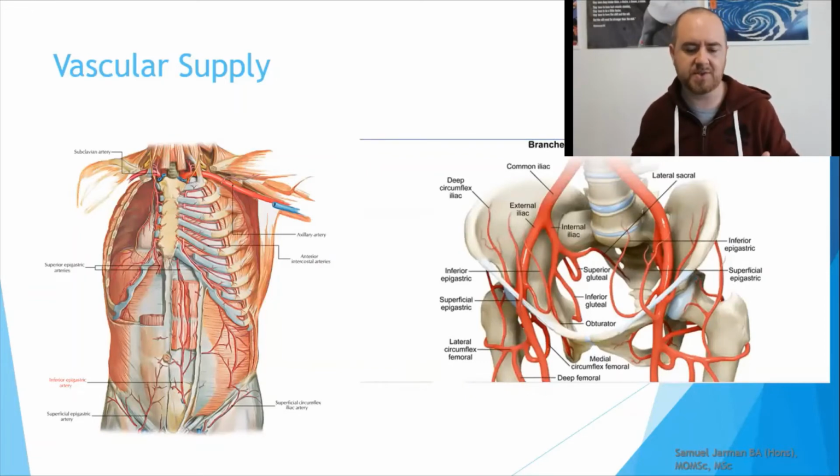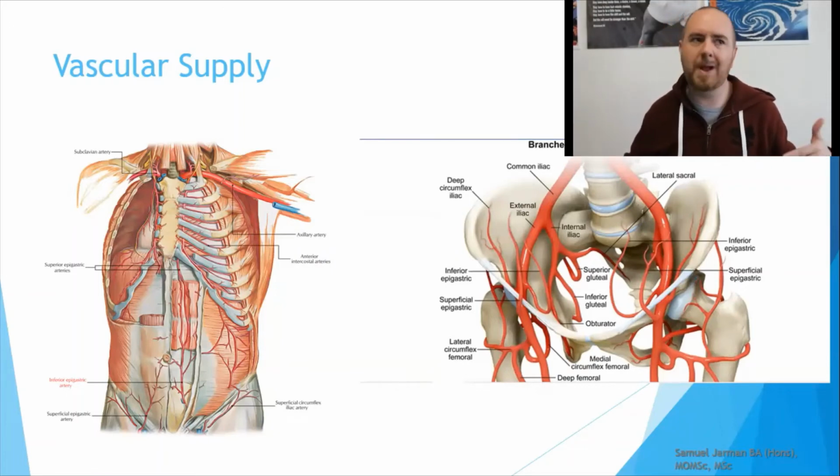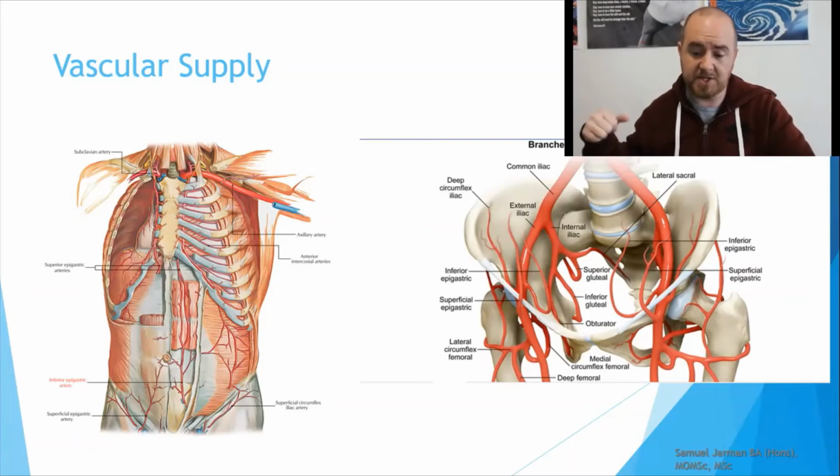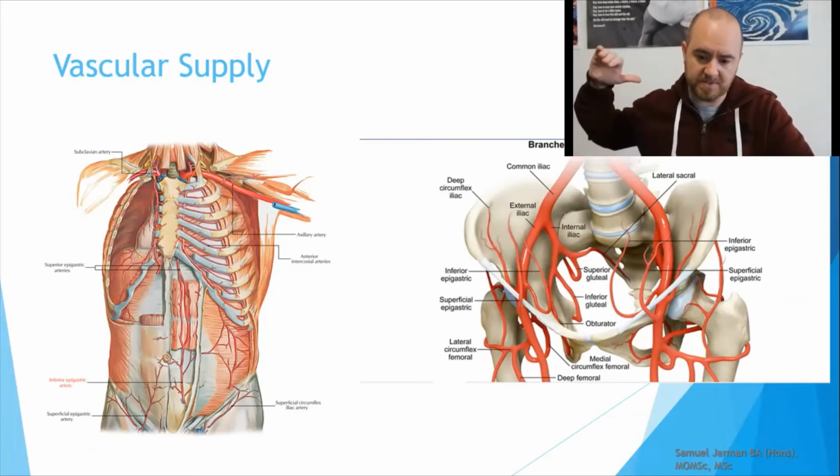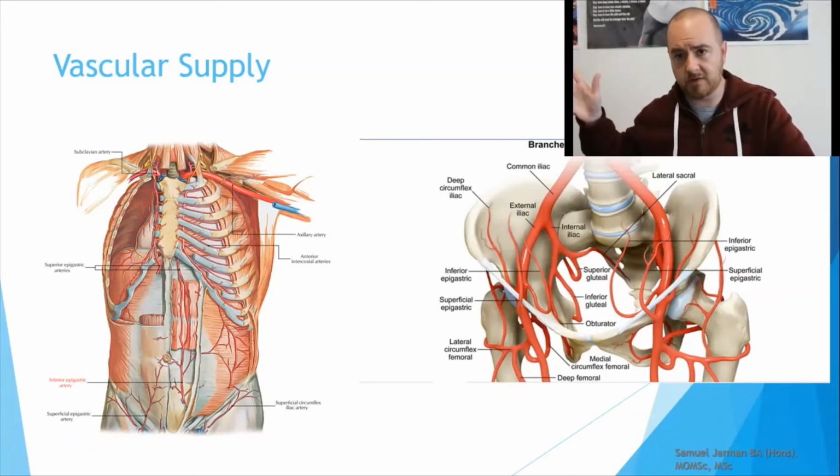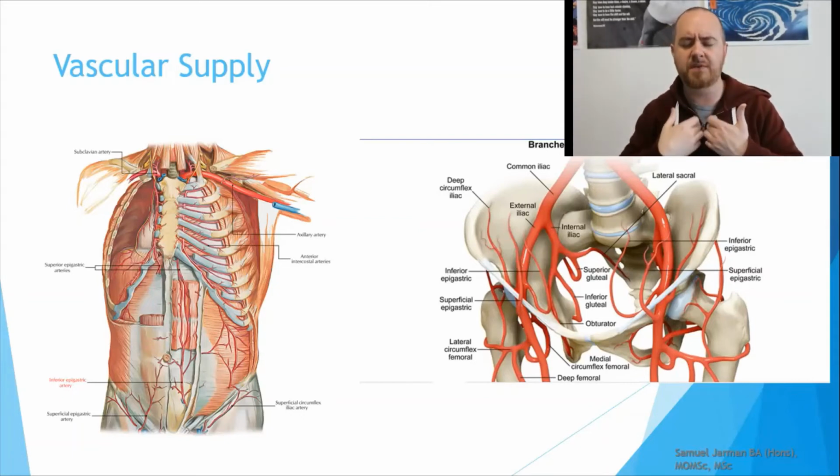So the intercostal circulation is going to go more so to the oblique muscles, whereas to the rectus abdominis, more so what you're going to get is branches off of the iliac circulation, right? So you're going to get some circulation from the inferior and superficial epigastric, and then from the superior epigastric. Now, the superior epigastric is off of the internal mammary.